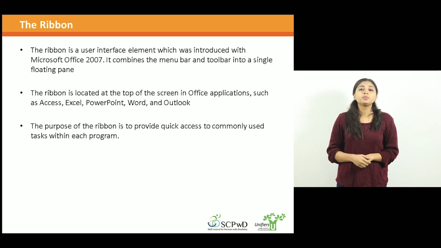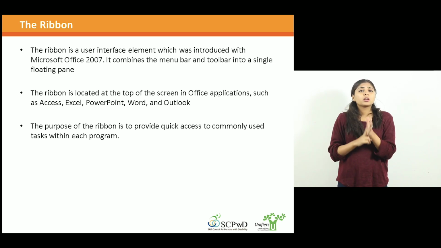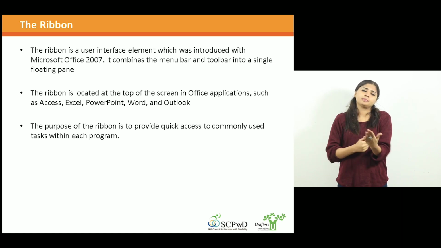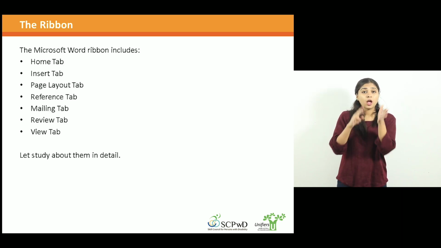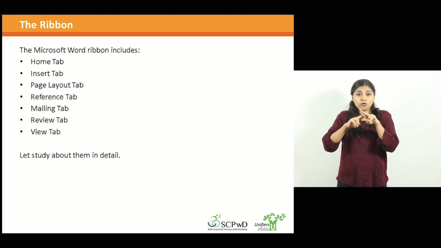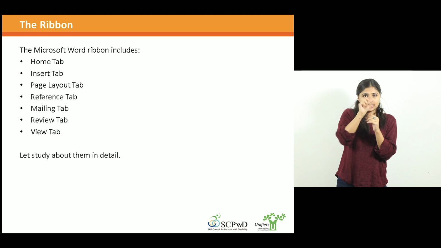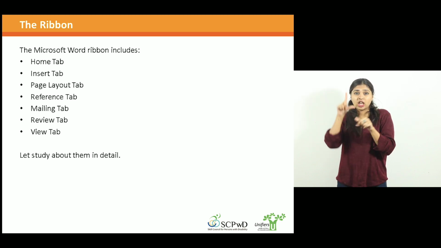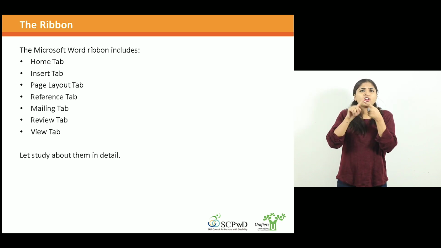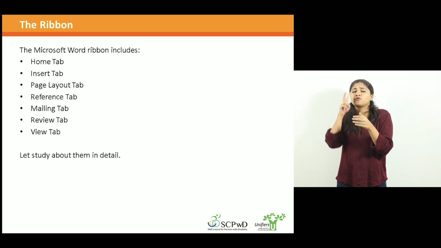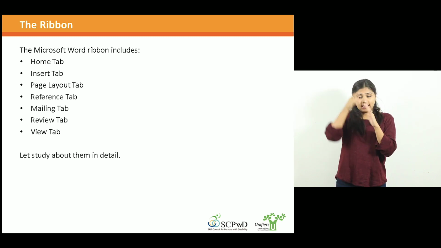The purpose of the ribbon is to provide quick access to commonly used tasks within each program. The Microsoft Word ribbon includes Home tab, Insert tab, Page Layout tab, Reference tab, Mailing tab, Review tab, View tab. Let's study about them in detail.